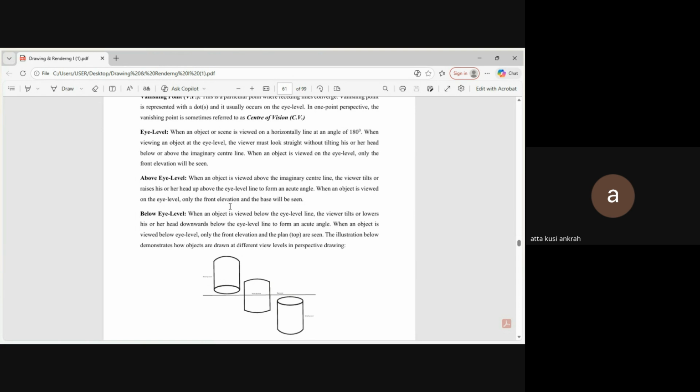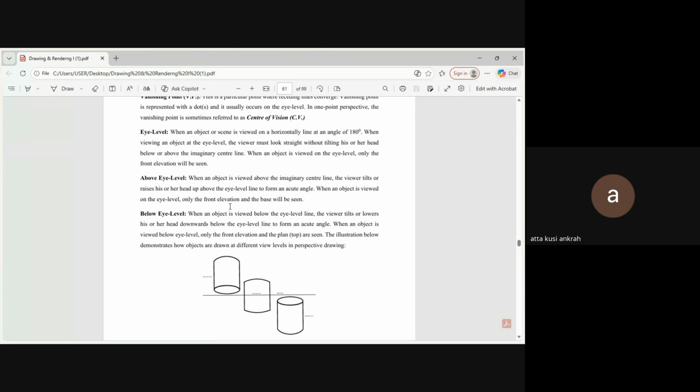Only the front elevation and the base will be seen. Take note. Remove the eye level from there, make it above eye level, or you add "above" to it, so that it will be a complete statement. There is a typo error. We take note. Good. Remember, above eye level, you see only the front and the base.